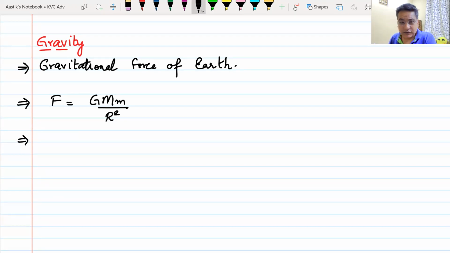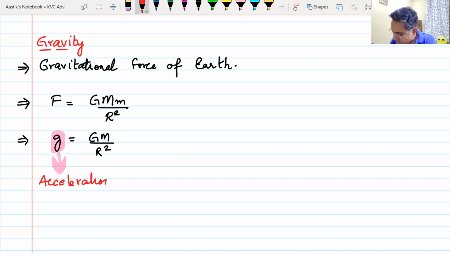You can find out the gravitational field on the surface of Earth, and you can call it GM by R square. This g is actually the gravitational field on the surface of Earth, but you can also call it acceleration due to gravity.